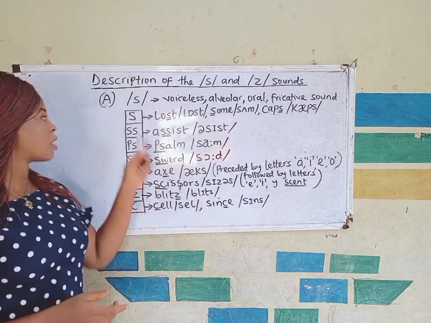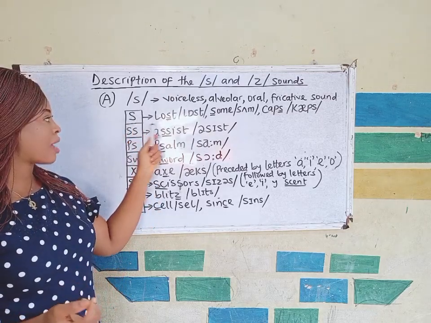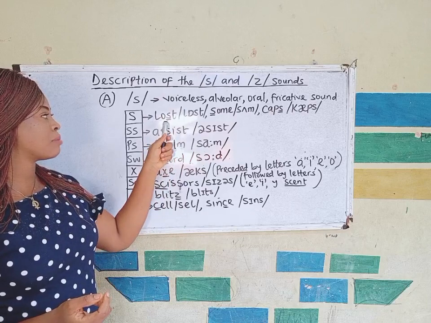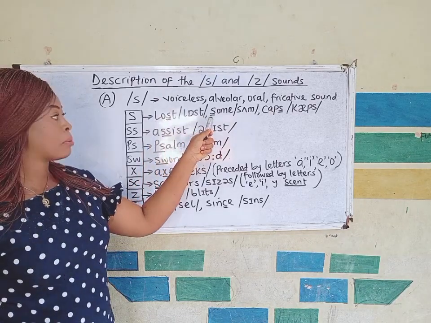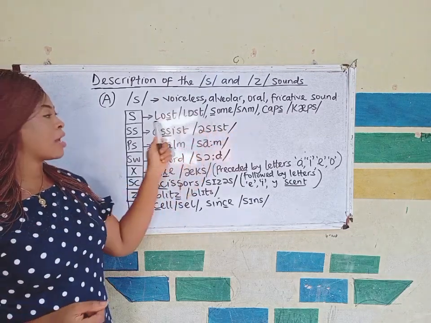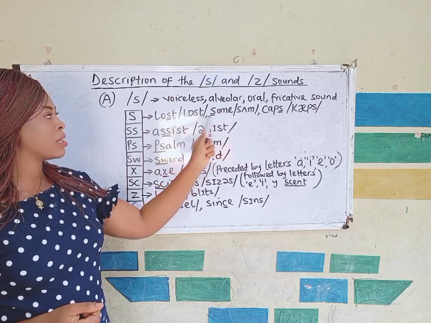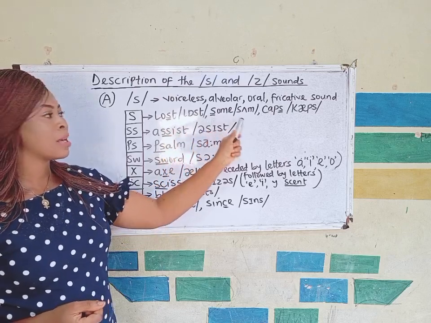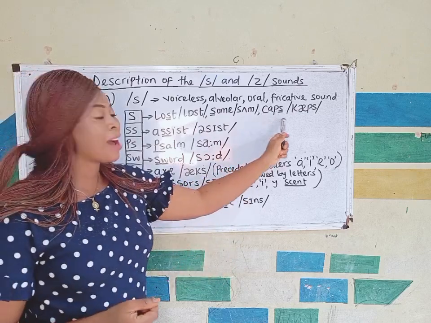We have the first sound, which is letter S sounding as S, as in lost. This is the middle position, and then we can find it in the beginning position, as in some. And then we have it in words like cups.